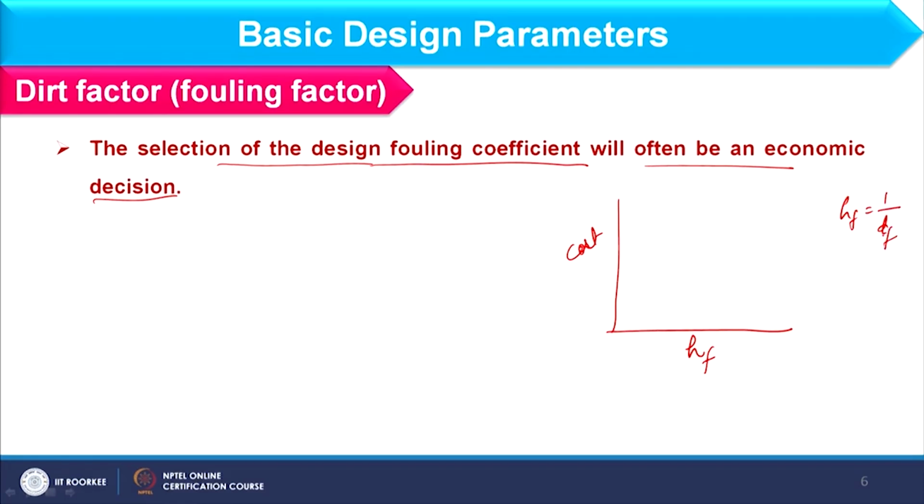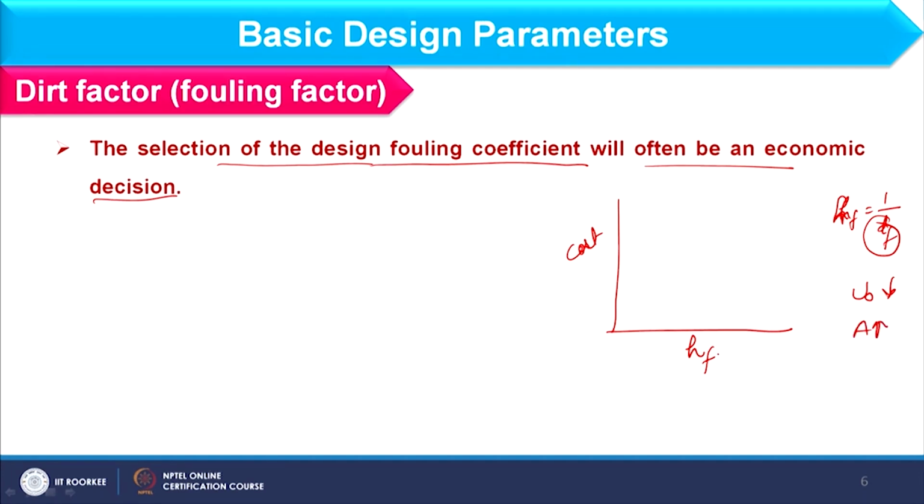Now, as the dirt factor increases, HF decreases, and once HF decreases, the overall heat transfer coefficient will also decrease. Once the overall heat transfer coefficient decreases, the area will increase, right.